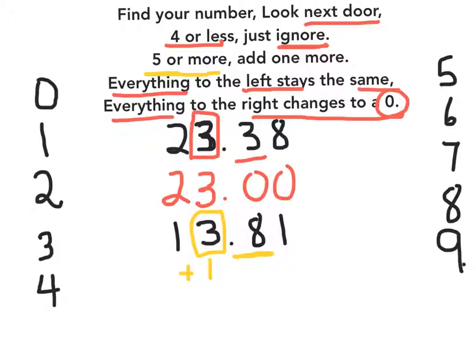Simply what it says. 3 plus 1 equals 4. And then everything to the left stays the same, while everything to the right becomes a 0. So $13.81 rounds to $14.